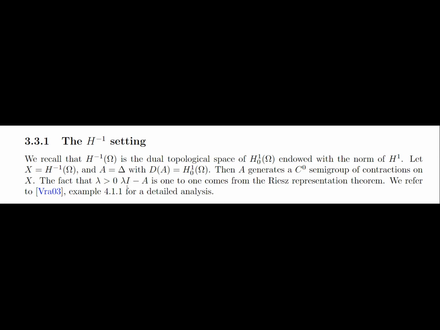So what we need to do is you take lambda I minus A, apply to some u equals f. To solve this equation, it actually comes from the representation theorem. And then you need to get the estimate. We are not going to do these things. One of the main references that I have been using for the course is the book of Haase, and this is done in example 4.1.1.